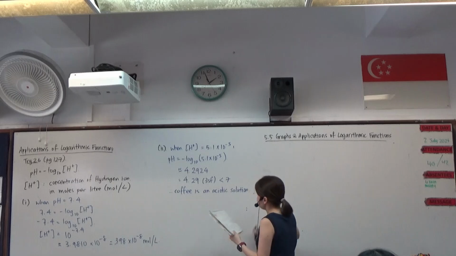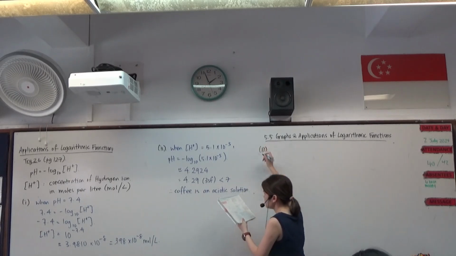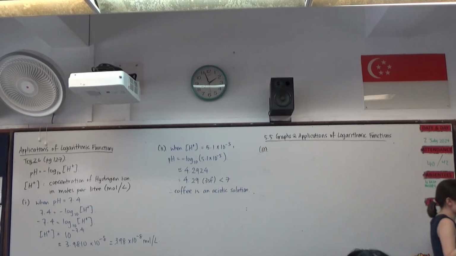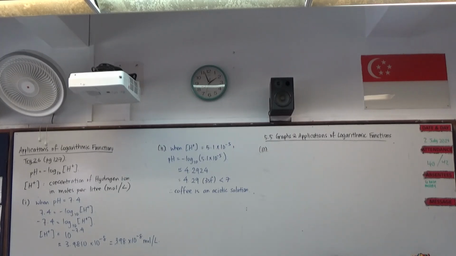Next, part 3. If black coffee in part 2 is diluted by a factor of 15, how would its pH be affected? Okay, so I want to explain what the question means by diluted by a factor of 15. That means your concentration of the hydrogen ion is being diluted.